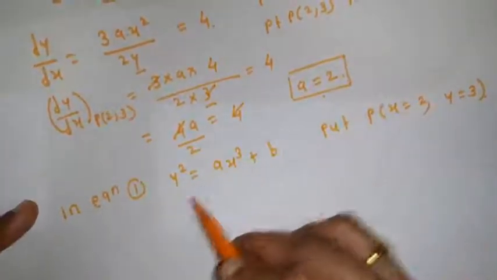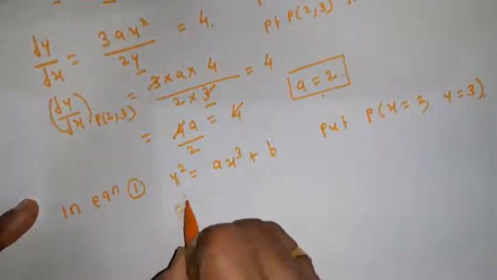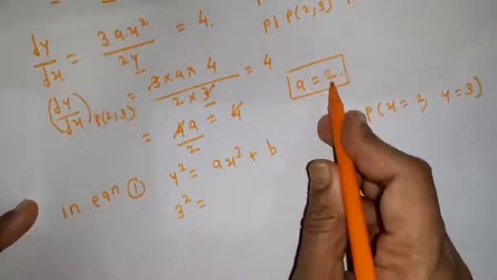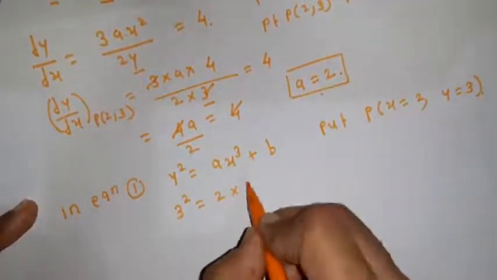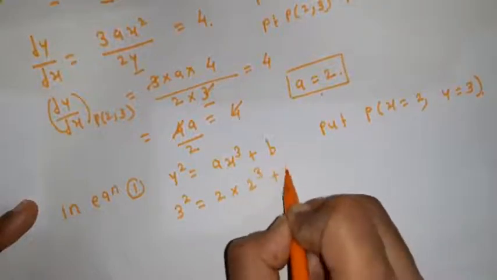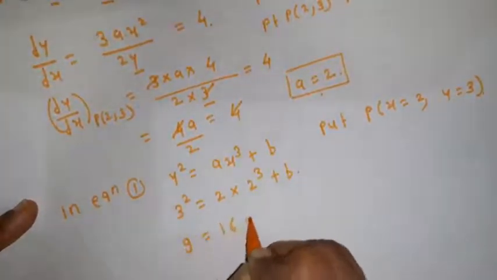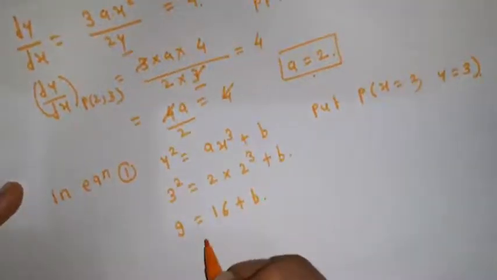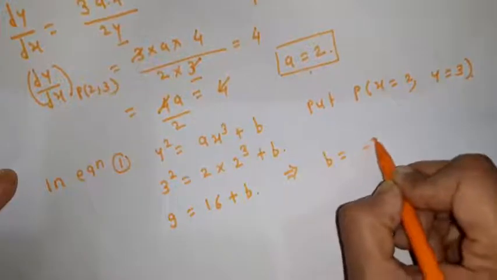We get y square, that is 3 square, equal to a, which is 2, into x cube, that is 2 raised to 3, plus b. This implies 9 equal to 16 plus b, and that implies b equal to minus 7.